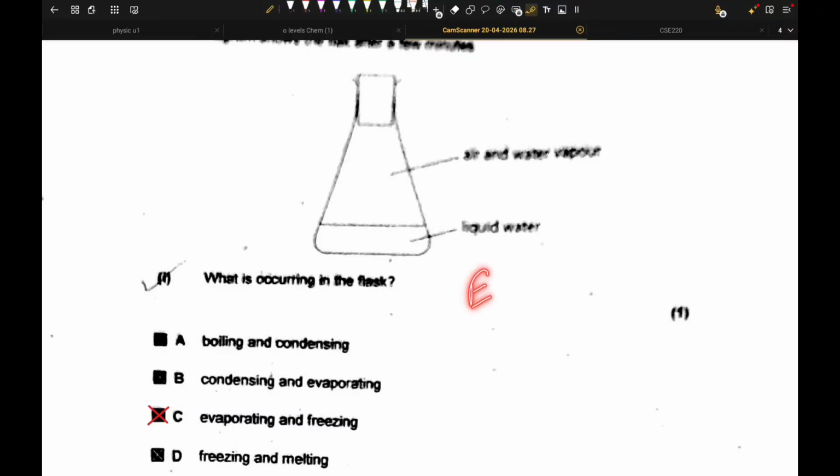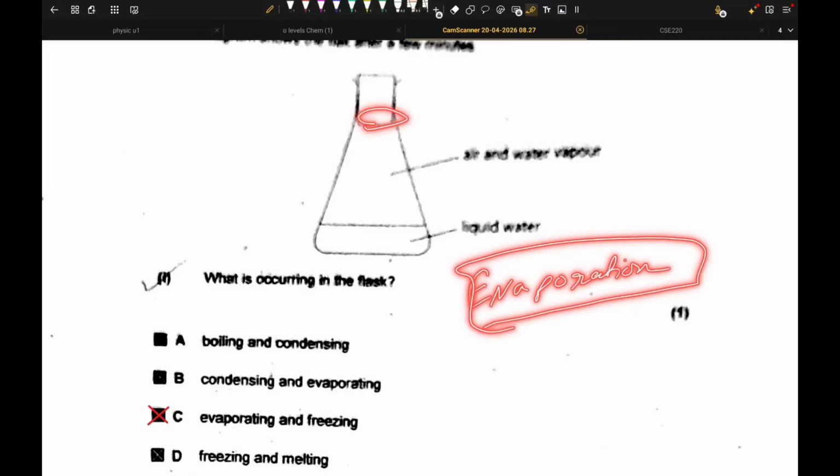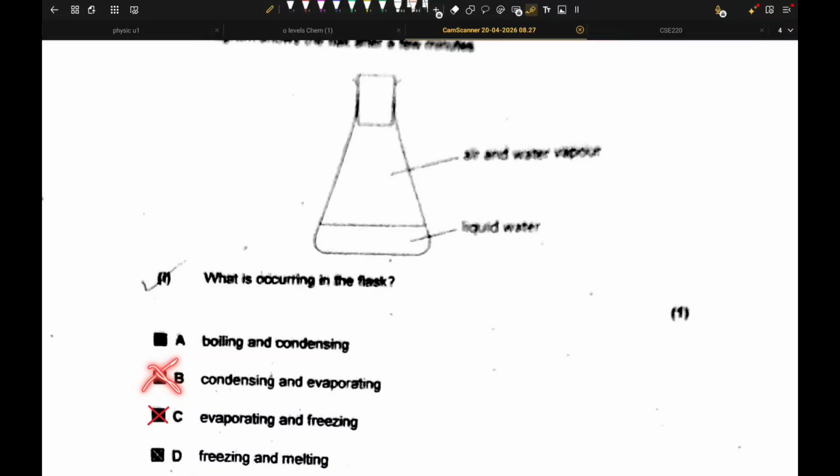So, one thing will be evaporation, and the second thing, as there is a bung over here, it will evaporate and condense over here. So it should be B, evaporation and condensation. I think the arrow just moved out a little bit. This should have been B, that is evaporation and condensation.